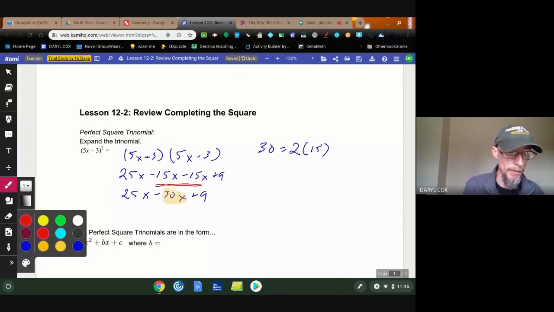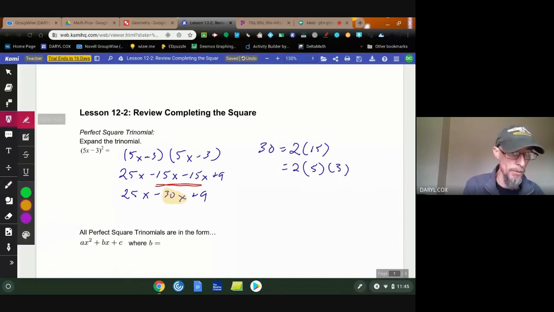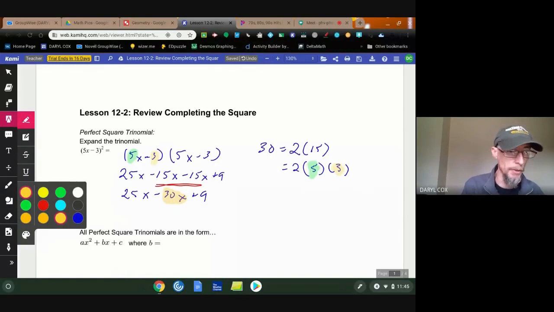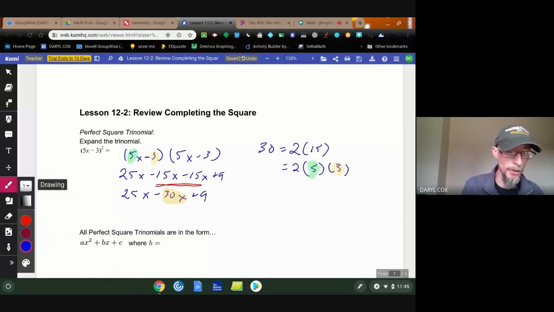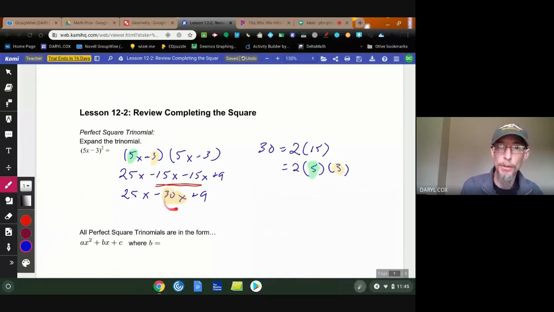But 15 is nothing more than 5 times 3. And where did 5 and 3 come from? Well, the 5 was this first coefficient here, and the 3 was that coefficient there. So really, that middle term is multiplying these two terms together and then multiplying by 2. That's how we get that middle term.